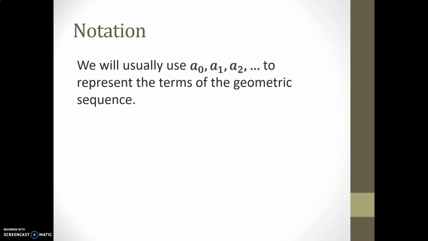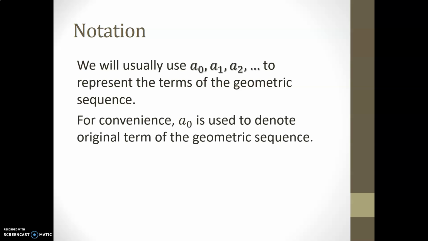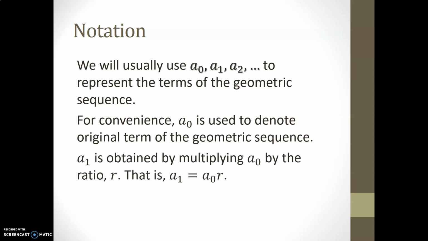So in terms of notation, we're usually going to denote by A0, A1, A2 the terms of the geometric sequence itself. A0 will play the role of the original term. A1 will be obtained from A0 by multiplying it by r, the ratio itself.